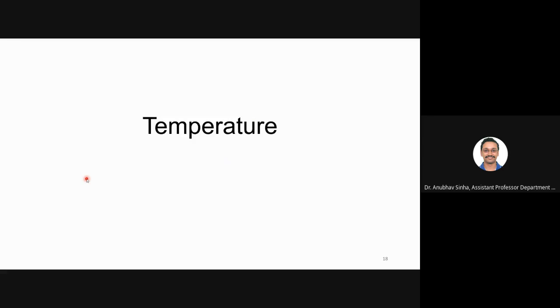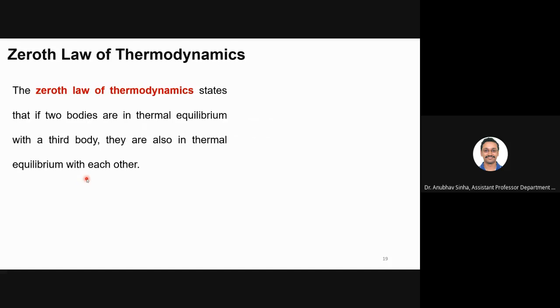Anyway, moving on now to temperature measurement. For temperature measurement we use the zeroth law of thermodynamics. What the zeroth law says is that if two bodies are in thermal equilibrium with a third body, they are also in thermal equilibrium with each other.